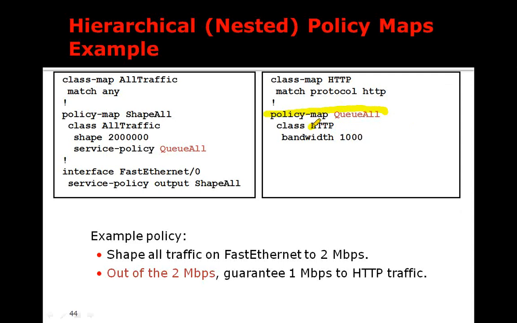It's going to use the HTTP traffic, meaning protocol HTTP, and it's going to allow it 1 meg. Over here, we've set up a shape, and we're shaping everything to 2 meg, and then within it, we're doing a QoS. So all traffic will be shaped to 2 meg, and we will allow HTTP to get 1 meg of the 2 meg. So there you go.